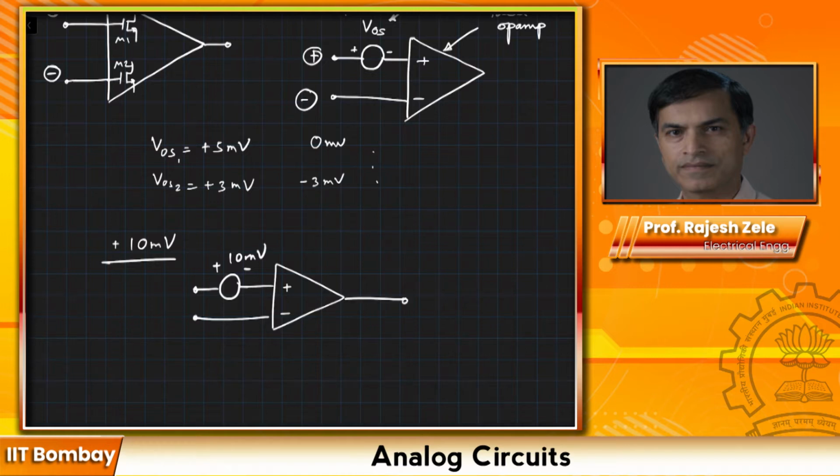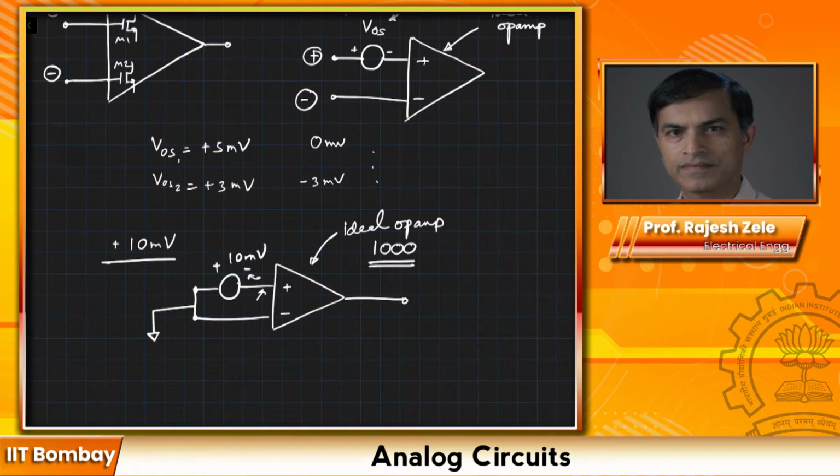Let's assume this ideal op-amp has a gain of 1000. Now if I short the two inputs and connect them to the analog ground, what do we expect to see at the output? You will quickly realize that the positive terminal is at a negative potential compared to the negative terminal. So we expect the output voltage to drop.